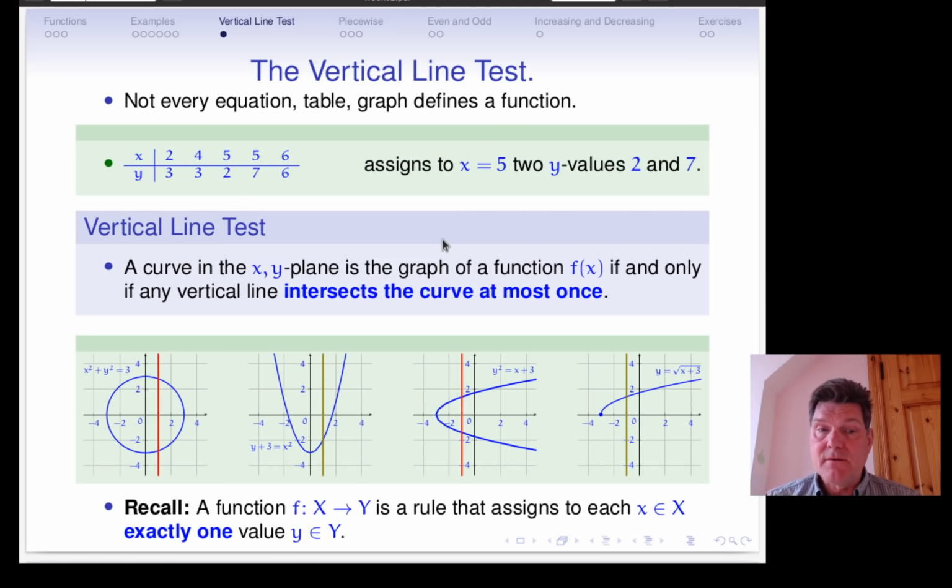Namely, we said that the function is a rule that assigns to each x in the x set exactly one value of the y set. That's what the vertical line test here expresses in geometrical terms. See you in the next video.